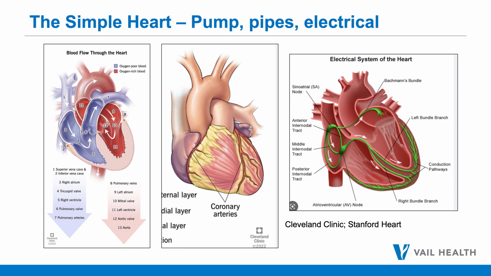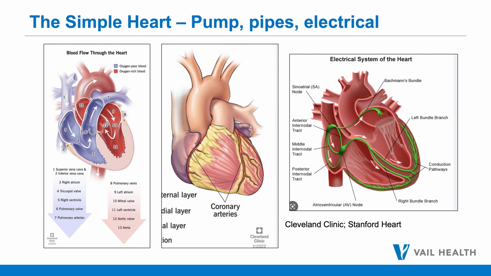And then the electrical system resides kind of within what we call the myocardium, which is the fancy word for heart muscle. And basically, that's your electrical system. So it starts up top with this thing called the SA node. And that's what tells your heart to either have a heart rate of 50 when you're sleeping and resting, or 150 when you're racing up Vail Mountain or running from a mountain lion.